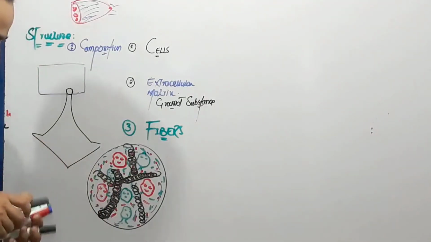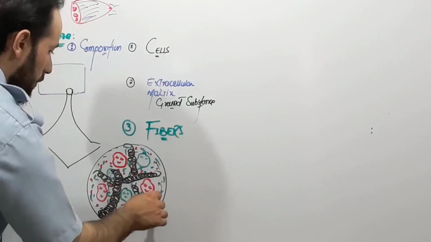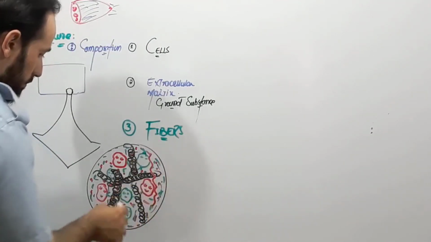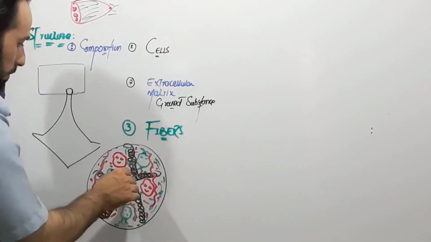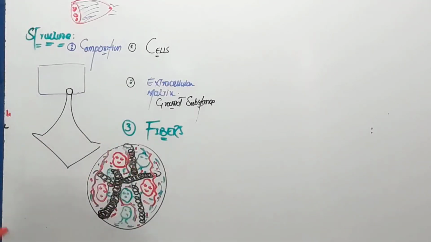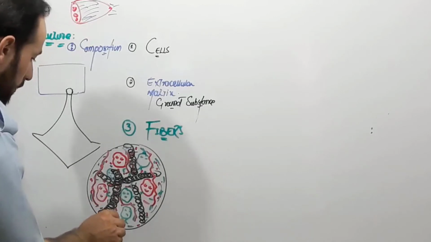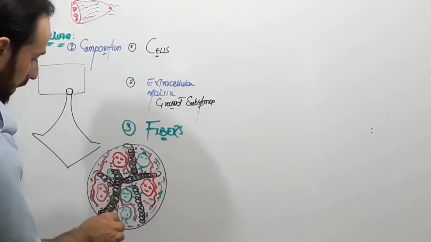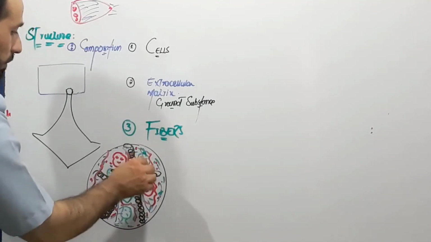Then there are other types of fibers which are very thin fibers, right? So these are the other type of fibers present in the connective tissue. And then there is a third type of fiber, which is very thin but has small branches, right? I will discuss all these fibers, don't worry.